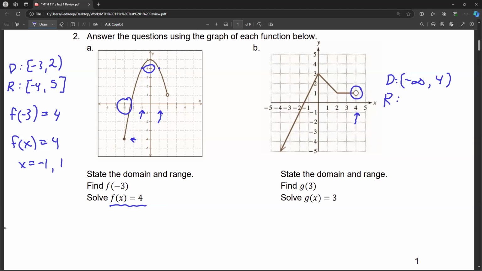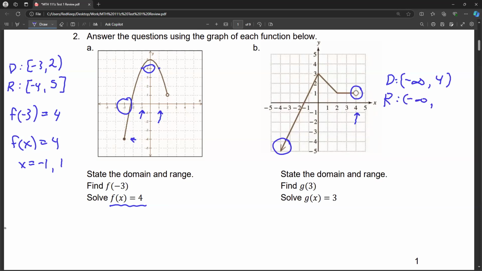Our range starts very similar to our domain in that we had that arrow on the left-hand side of our function. And so this will indicate that the range will go all the way off towards -infinity on the left-hand side.